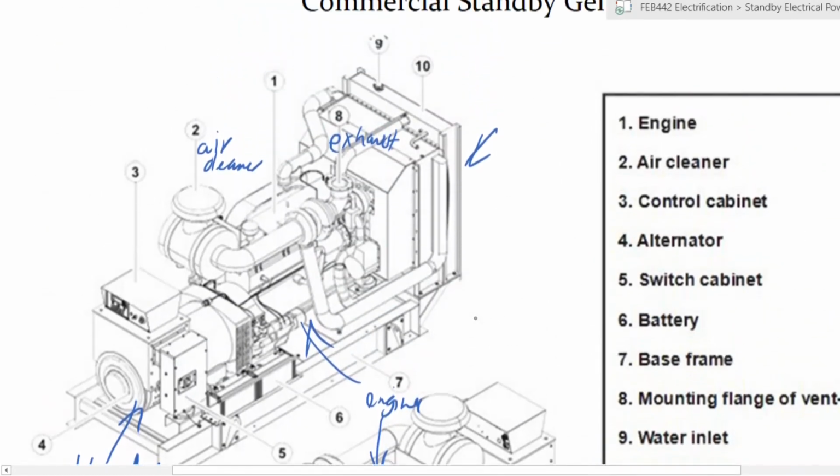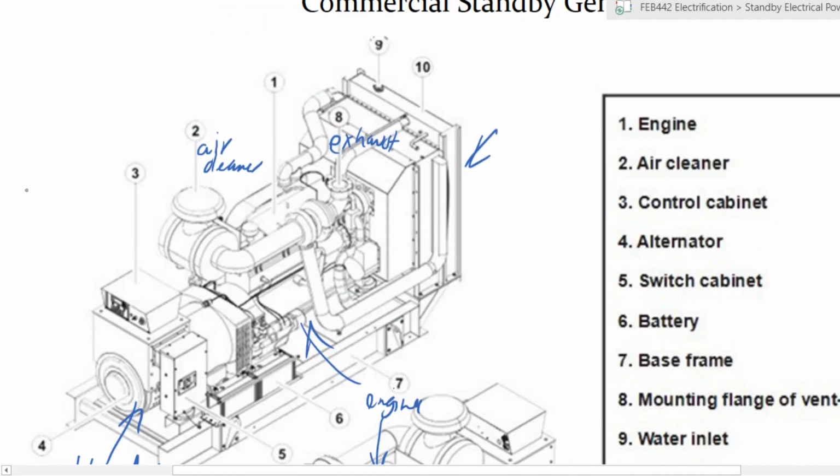So your generator, once running, would require some kind of control, and that is the control cabinet that you can see here. As we have mentioned, the amount of power that is generated must match the load that is consuming that power. So in order for us to do that, the engine itself must be controlled in terms of the amount of power that it provides, or the amount of actual kilowatts that it is providing to the alternator, right?